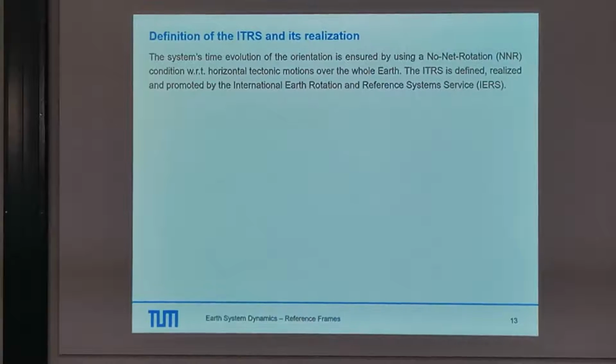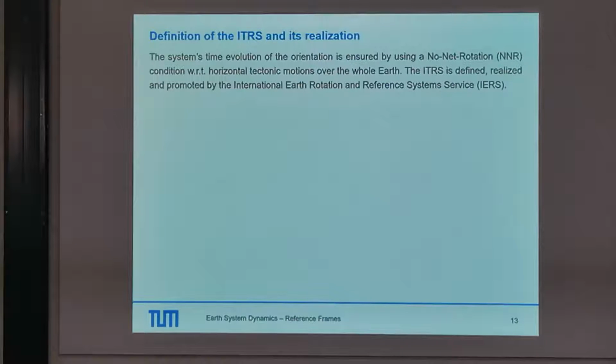And that means that the part of the station motions which is common to all the stations, so more or less the network motion, is constrained to be zero. This means there's the no-net-rotation condition, so no rotations, no horizontal motions are allowed at all for the common part of the network.